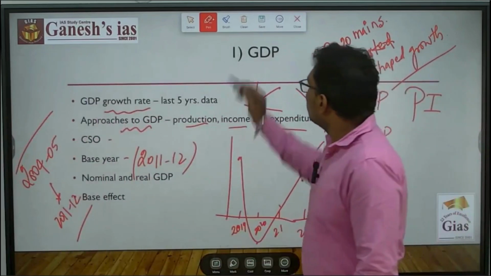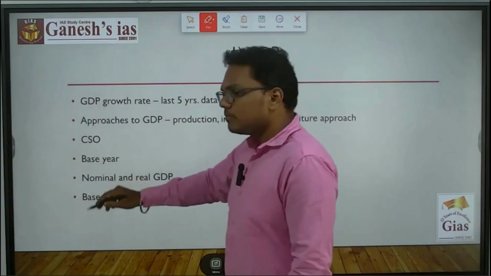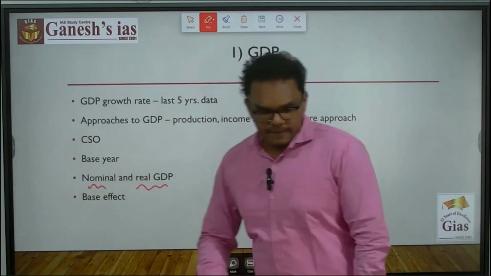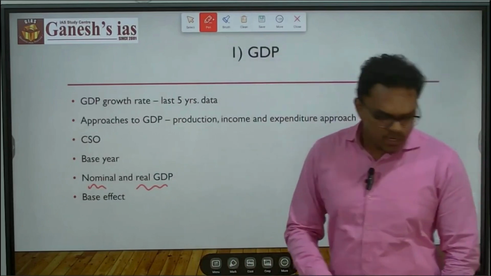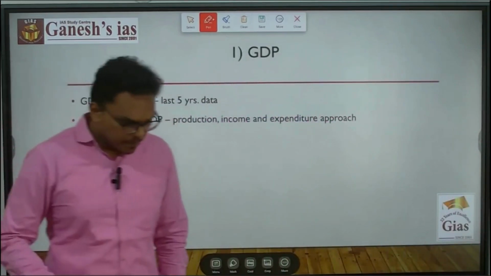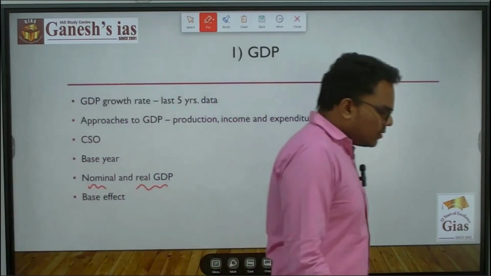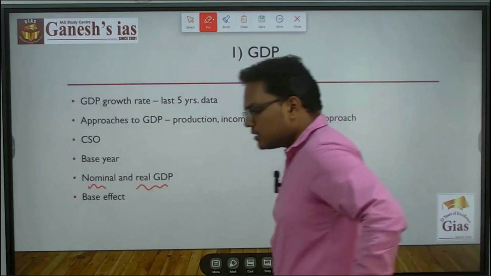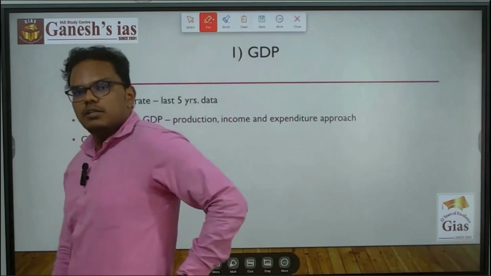And then you need to know about nominal GDP and real GDP. Your nominal GDP doesn't account for inflation, whereas your real GDP accounts for inflation.